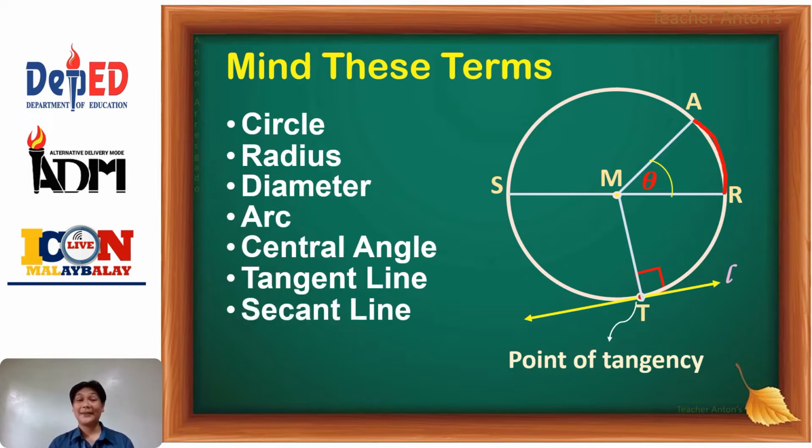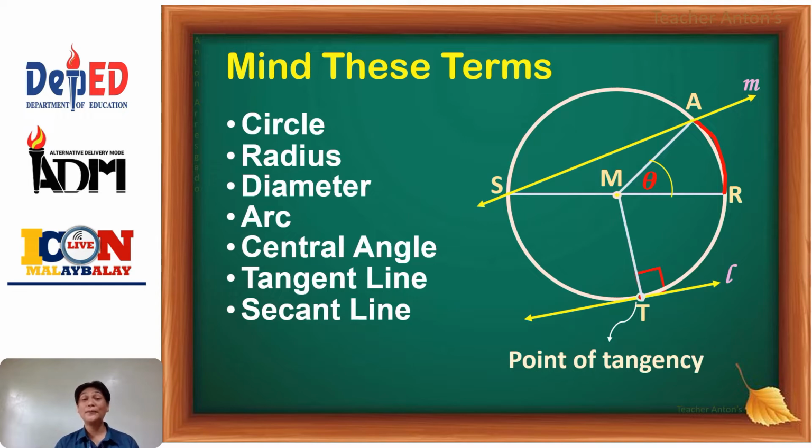Now, secant line. A secant line is a line that passes through 2 points of the circle. Say we have a circle M, then our secant line is the line M. Take note that line M passes through points S and A. And if you observe closely, SA is a chord of the circle M. I hope you will not forget that one.